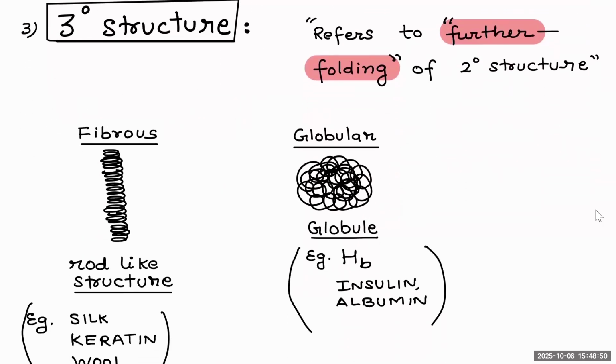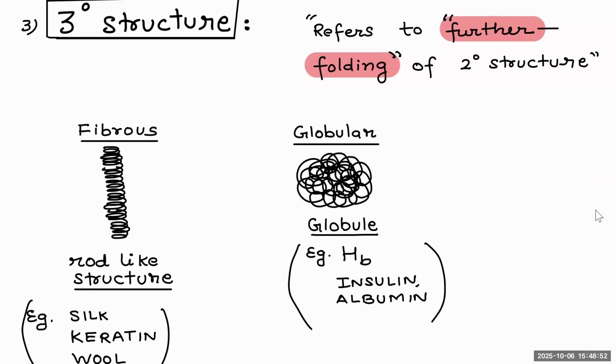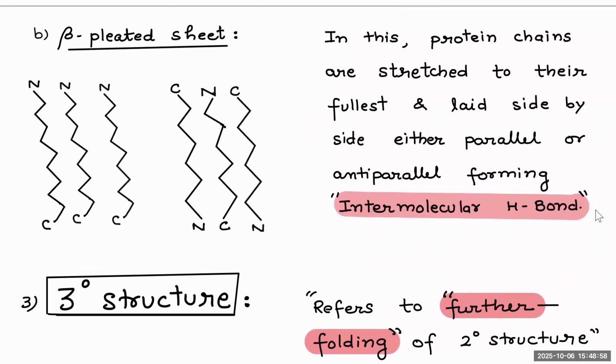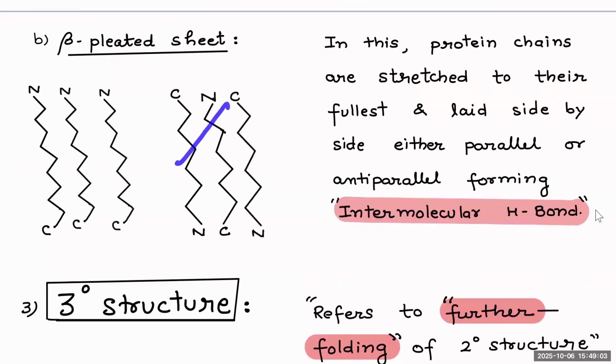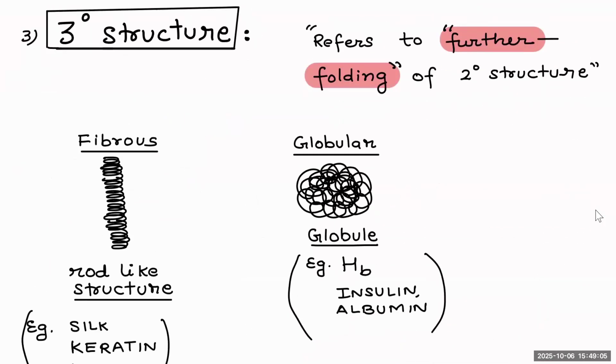And next, tertiary structure. Tertiary structure refers to the further folding of the secondary structure. So the secondary structure which you have, either in this form or in this form, beta pleated sheets, will start further coiling around, and again it will give you two forms.